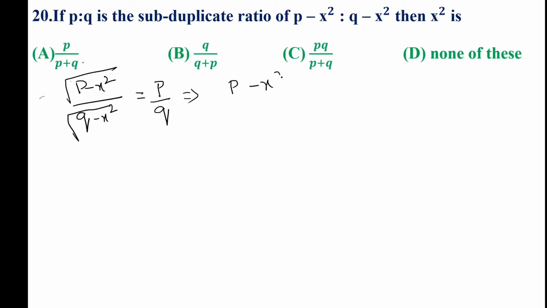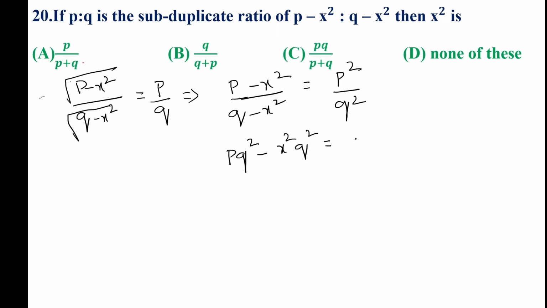(P minus x square) by (Q minus x square): take this root to the right hand side, then it will become P square by Q square. Cross multiply. This will become PQ square minus x square Q square is equal to P square Q minus P square x square.